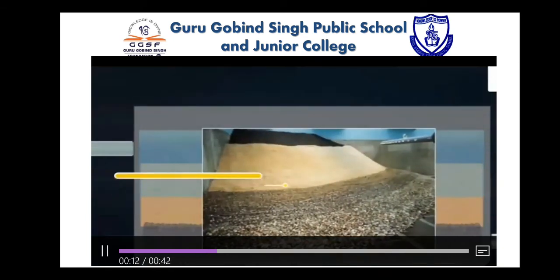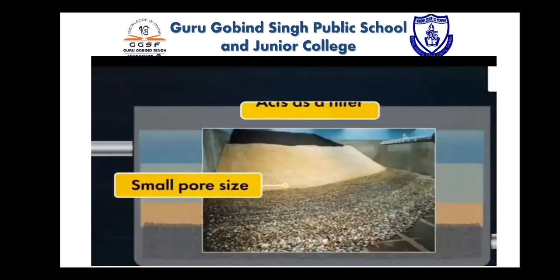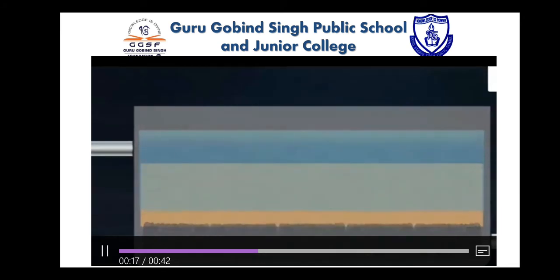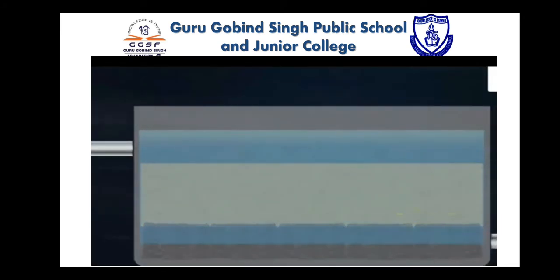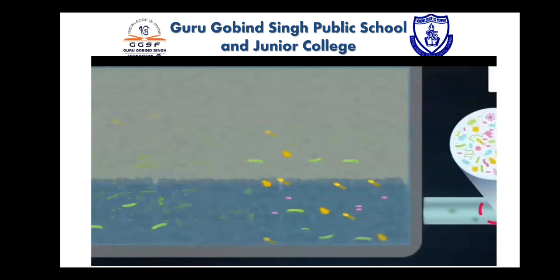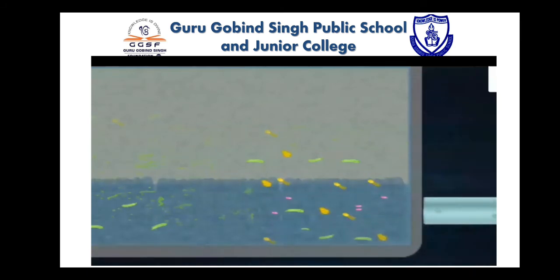They have small pore size and it acts like a filter. That's why when water passes through these layers, germs and bugs get trapped in these small pores. Then also some impurities flow with the water. These impurities which flow with the water may contain microorganisms or bacteria.